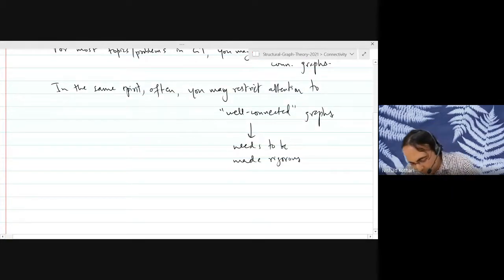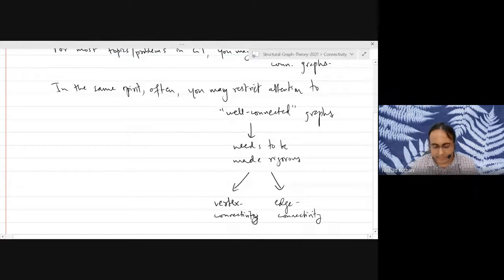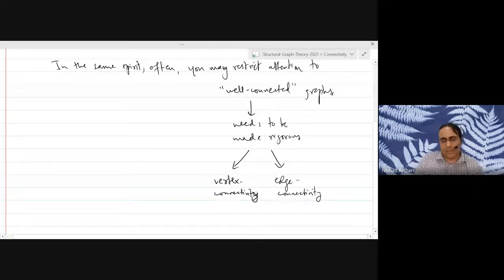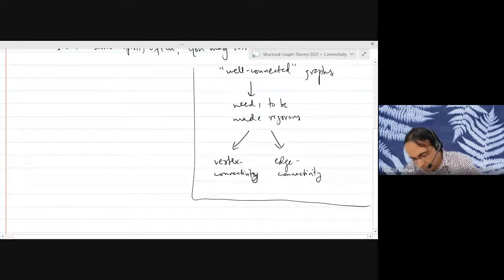And in order to make this rigorous, we will be looking at two types of connectivity: vertex connectivity and edge connectivity. These are the most standard notions of graph connectivity, and those are the ones we'll be studying.